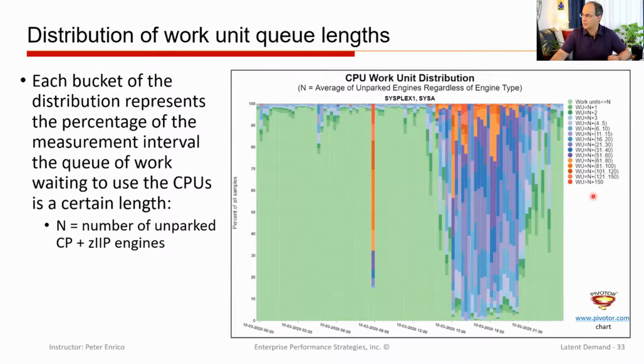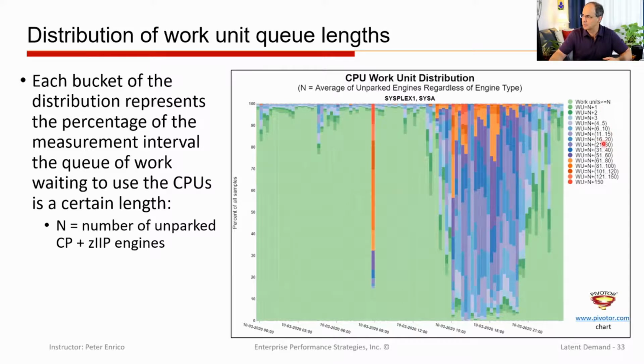So the first bucket, this one up here I'm pointing to, is work units less than or equal to N, which says that there's no queue buildup. So it adds a tick mark to that bucket when it sees that there's no queue, that all the CPUs are busy but no work is waiting, or some lesser number of CPUs are busy but no work is waiting. But maybe you have the second bucket, which is all the CPUs are busy and there's 1 unit of work waiting on the queue. So it adds it to that bucket.